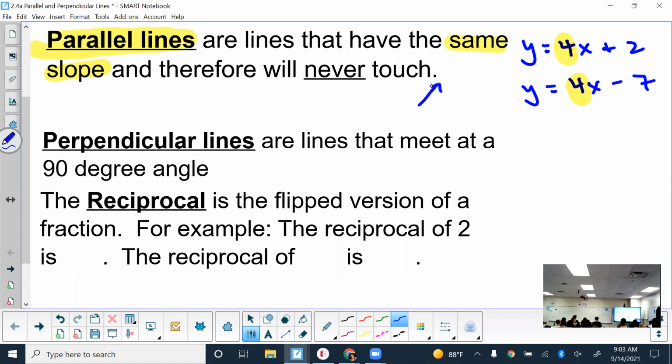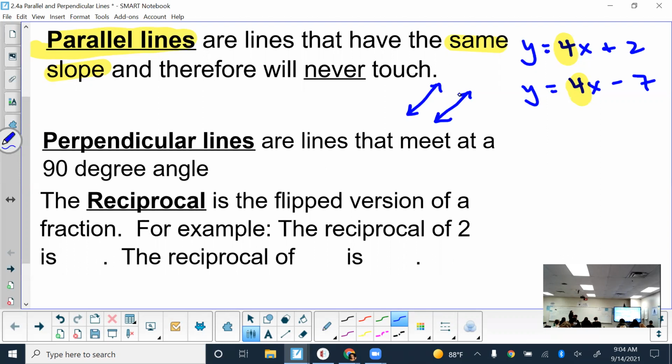So they'll look something like this. This is just like a rough sketch. All right, but they will never intersect because they have the same slope. They're going up and down at the same rate. And like I said, the y-intercept doesn't really matter. But someone did bring up a good point earlier that if the y-intercepts are the same, do those lines touch?